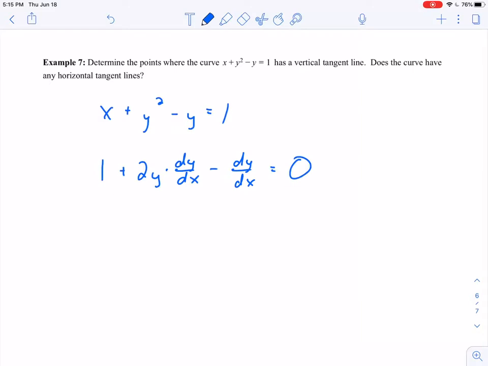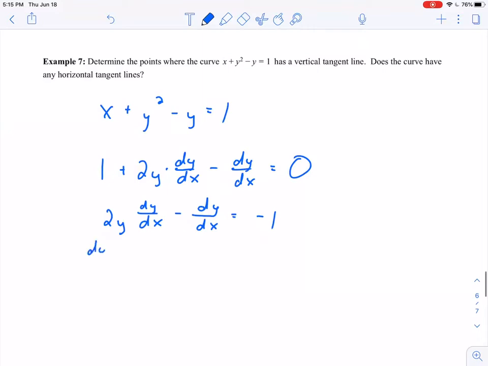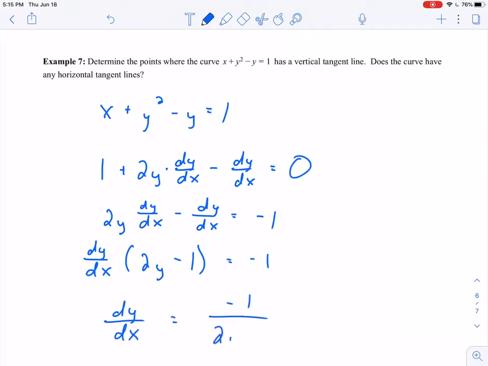Shouldn't be too bad. So 2y dy over dx minus dy over dx is equal to negative 1. Let's factor out dy over dx. So dy over dx, that leaves me with 2y minus 1 is equal to negative 1. And then just divide by 2y minus 1. So dy over dx is equal to negative 1 all over 2y minus 1.